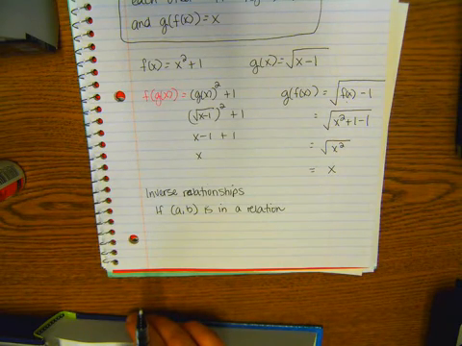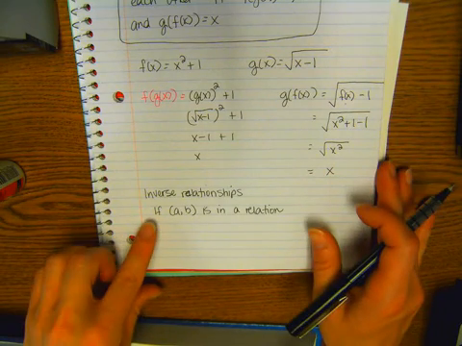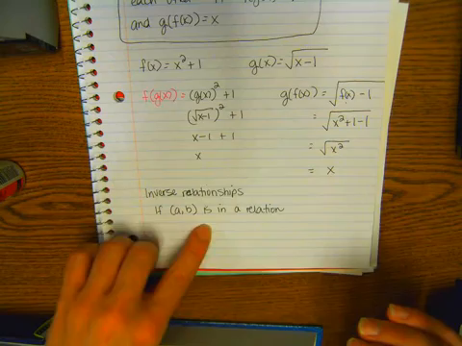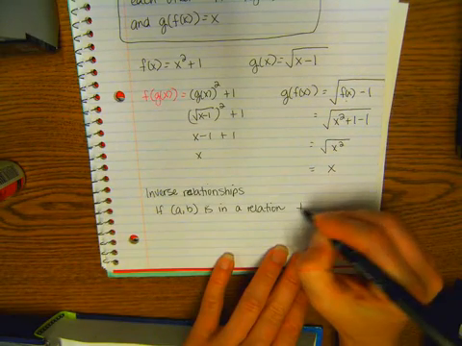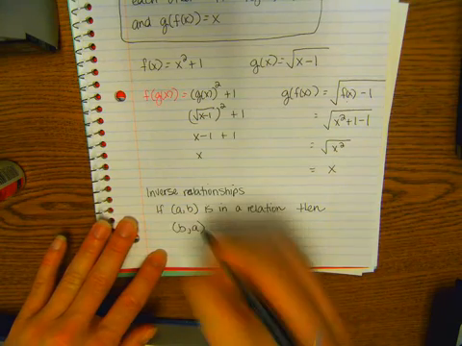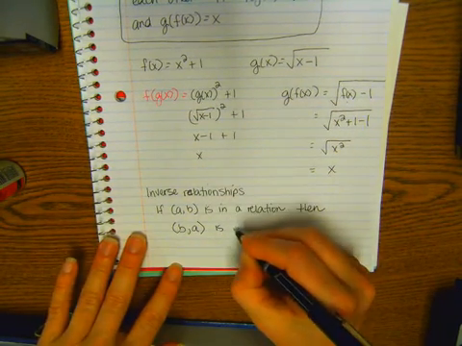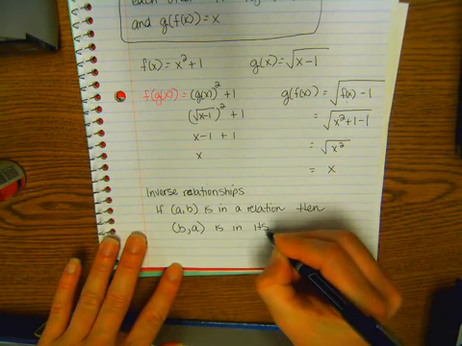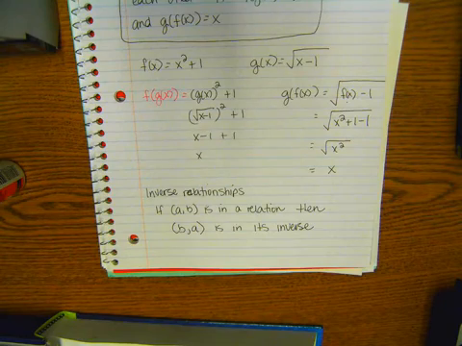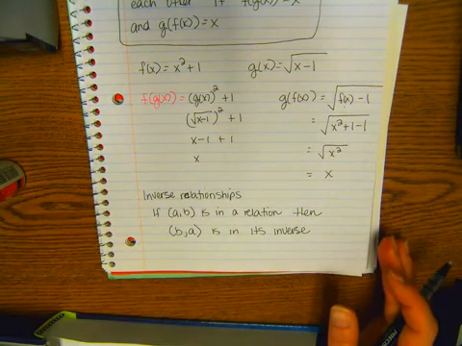So this is just a general rule, because you can have inverse relations too. If A comma B is in a relation, then B comma A is in its inverse. Okay.